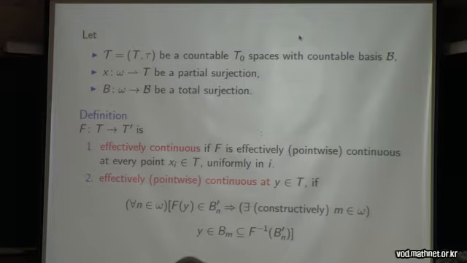Again, we have a countable basis, and where before I said the constructive elements are those for which there is a program that generates all basic elements that contain a certain point, if we just encode this program by natural numbers, then we get a partial surjection of the natural numbers onto the space.